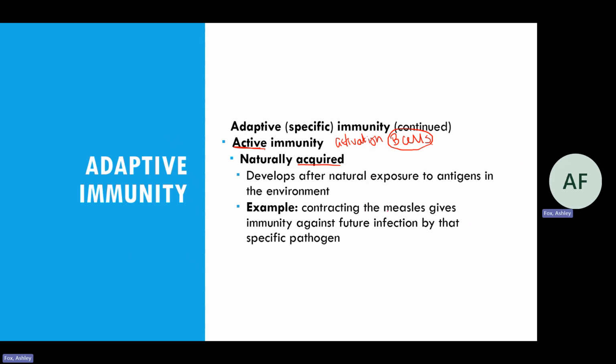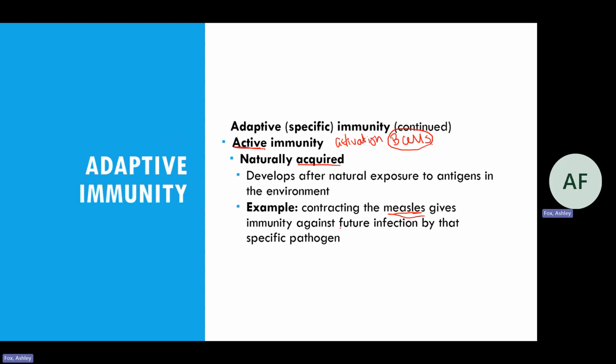So, for example, getting the measles virus, and this is not the measles vaccine, this is actually getting the measles. We actually can produce memory as well. So that's another big part of the adaptive or specific immune system: we can learn because we remember.